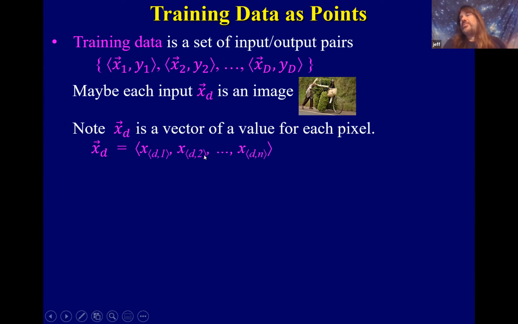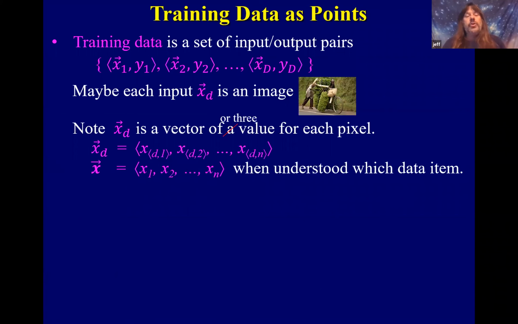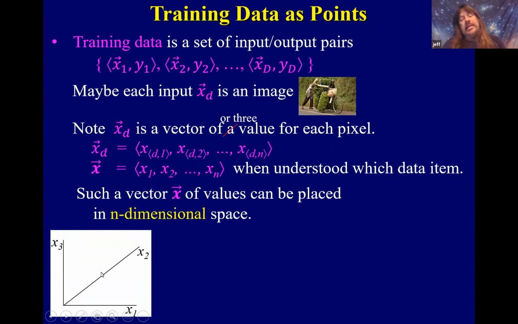So here's an image. And what is an image? Well, for each pixel, there's a number, or maybe there are 3 numbers telling you the color of that pixel. And so it's this big tuple of numbers. What do you do with tuples of numbers? Well, you can place them in a high-dimensional space. If you had three numbers here, then the image gets placed as a point.